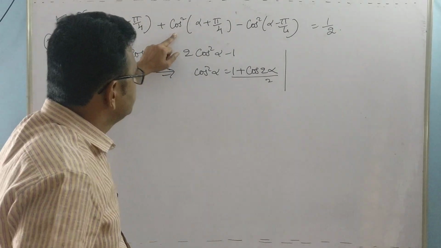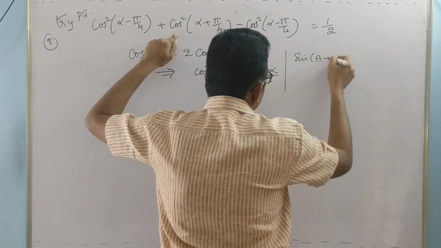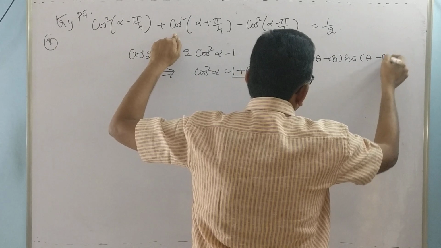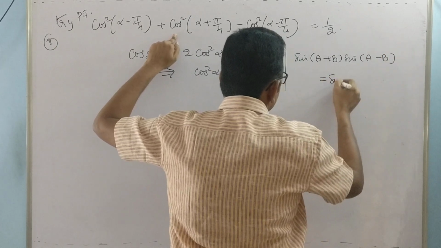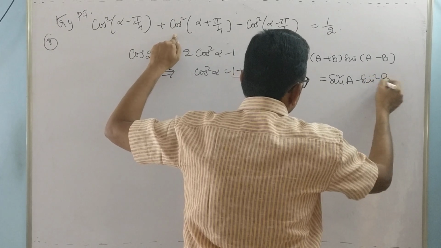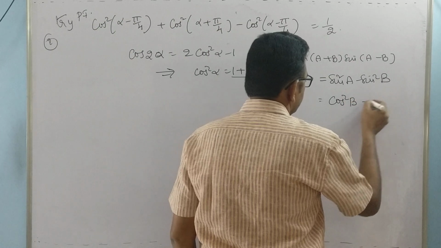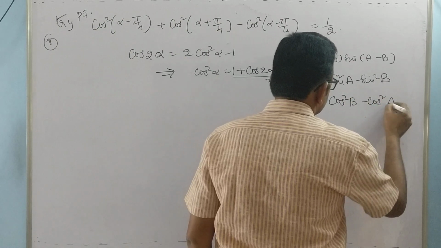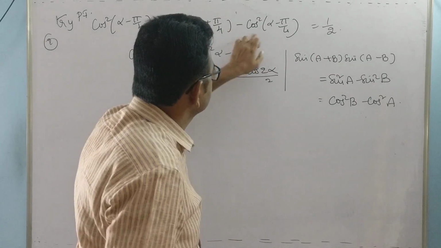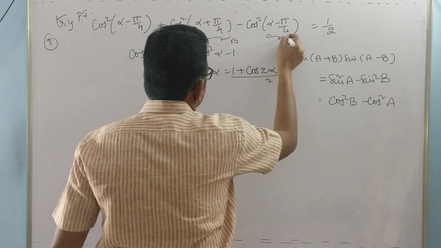And again, sin of (a plus b) into sin of (a minus b) has two forms: one is sin square a minus sin square b, and the second one is cos square b minus cos square a. So this is b and this is a.